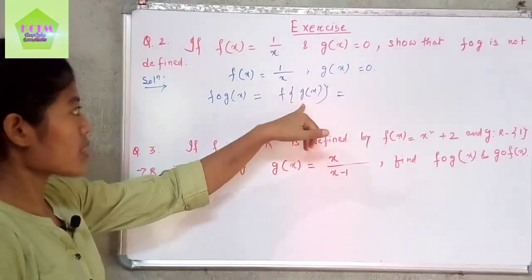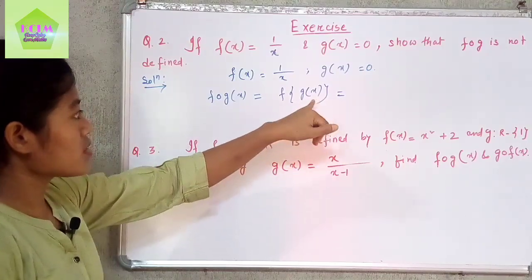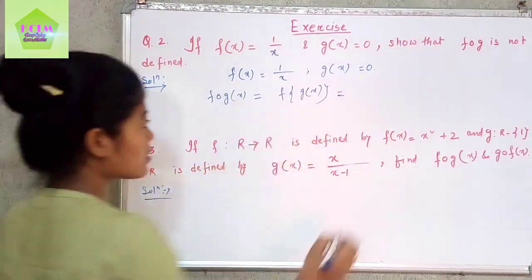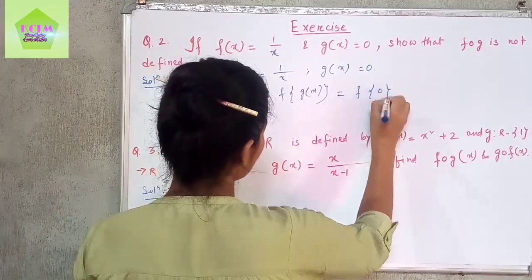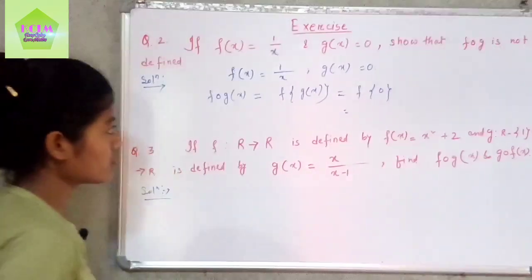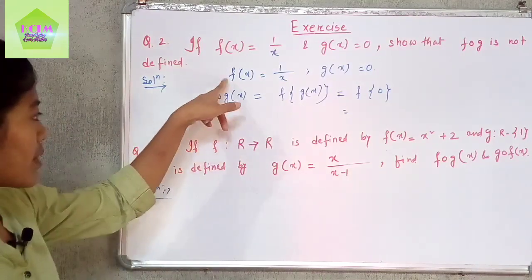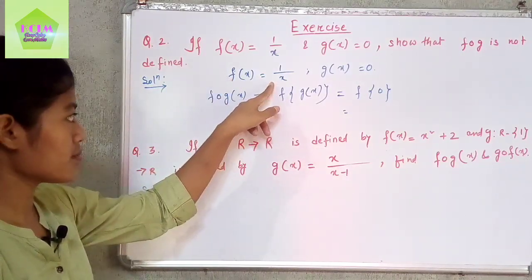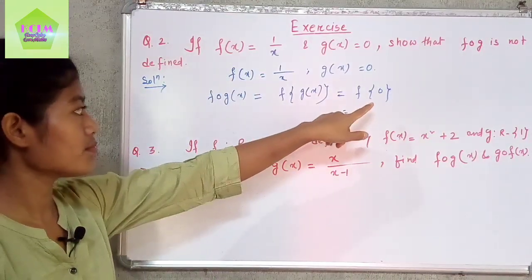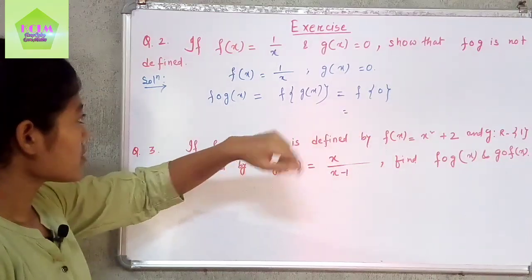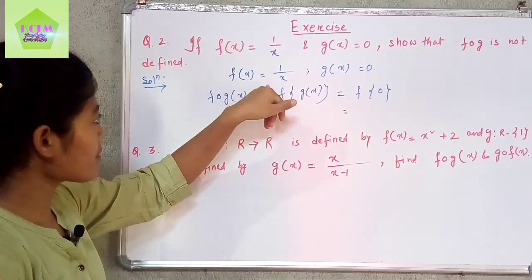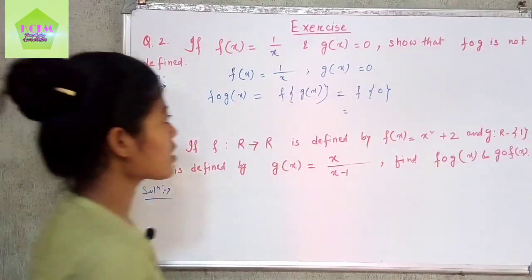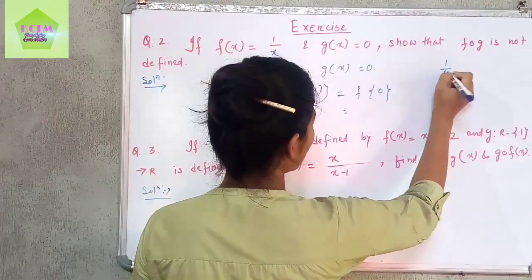Again, since we are given in the question g(x) equals 0, it will be f(0). Now, we already have f(x) equal 1 by x, but we cannot find f(0). If we take x as 0, then f(0) will be 1 by 0, but 1 by 0 cannot be defined.